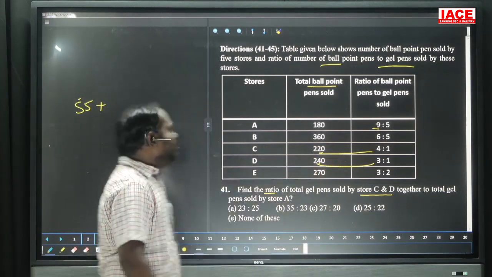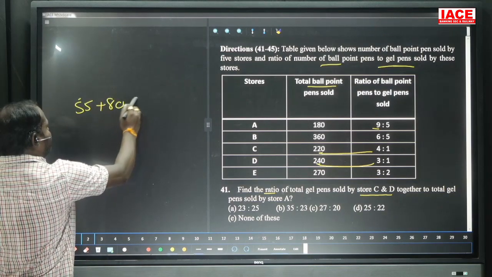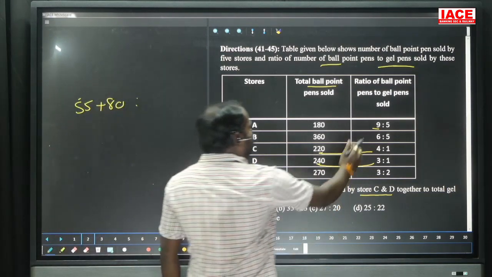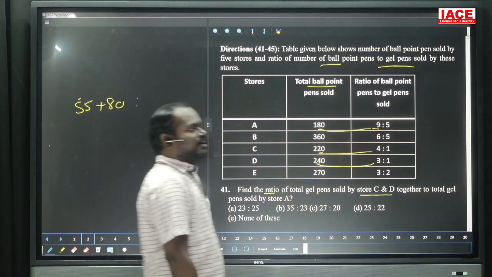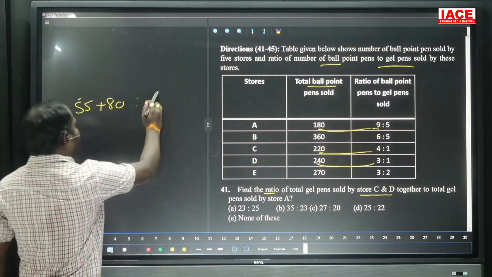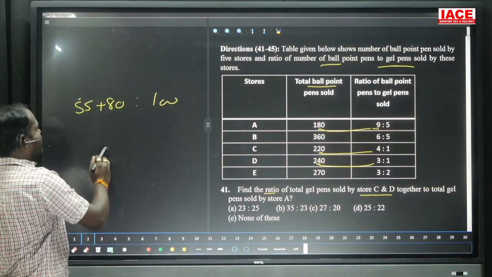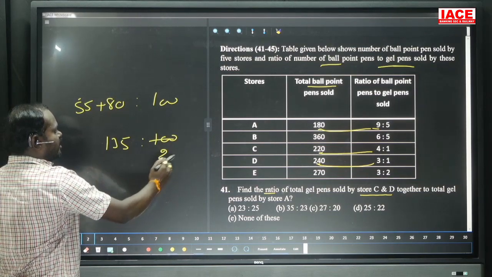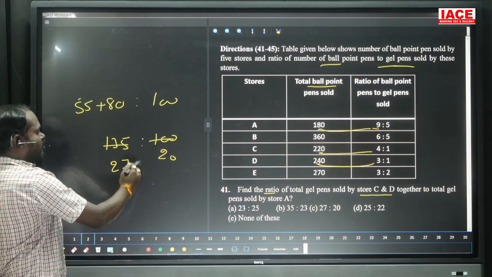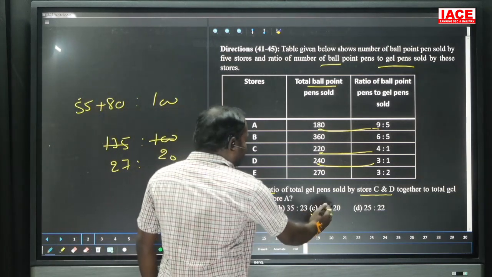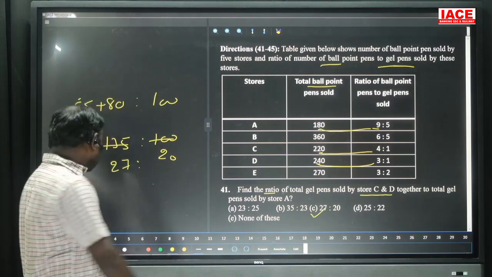Gel pens of C and D: 55 plus 80 is 135. For A, 9 parts is 180, so one part will be 20, and gel pens are 100. So the ratio is 135 to 100, which is 27 to 20, option C.